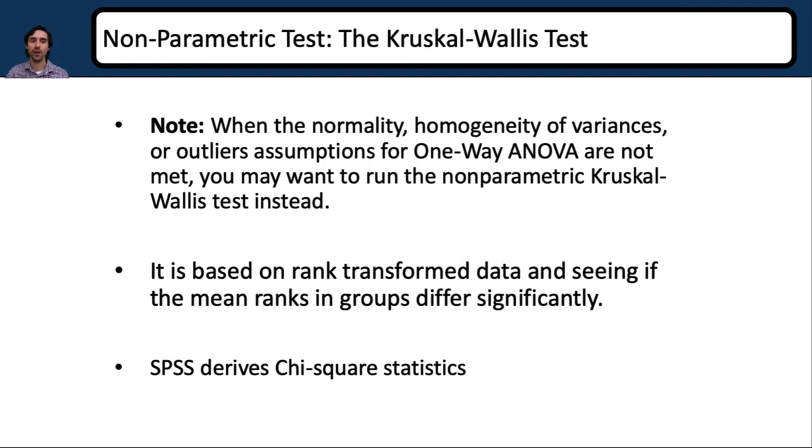What happens when you want to run an ANOVA, but it ends up being that you have a non-parametric data set? In other words, there's some skewness, there are some outliers, or there's too much variance between the groups.